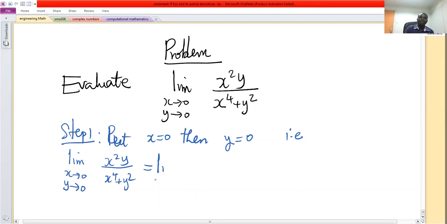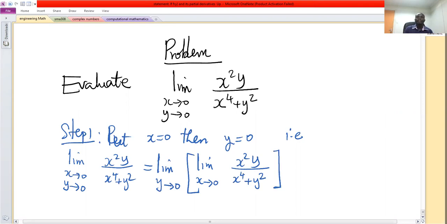You write it as the limit as y approaches 0. Now you start with the part with x: the limit as x approaches 0 of x squared y over x to the power 4 plus y squared. In this square bracket, you do direct substitution. Where there's x, we put 0, so we have 0 squared y over 0 to the power 4 plus y squared.